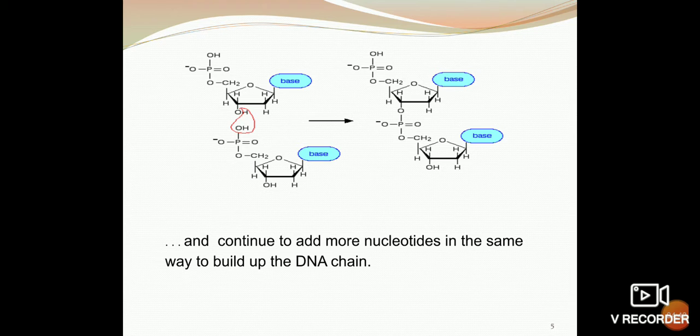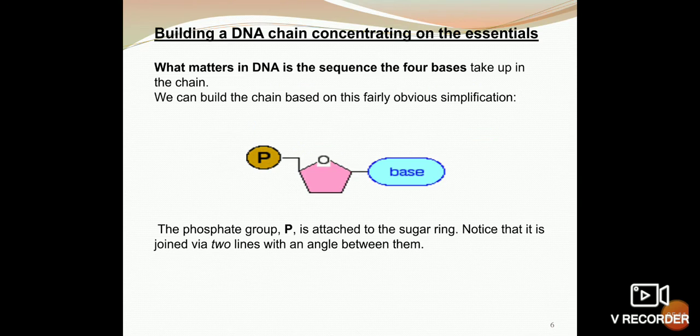The C5 carbon has phosphoric acid and the C3 position has the hydroxyl group. So this forms a new bond between the 2 nucleotide units, which keeps enlarging to form a DNA, and they continue to add more nucleotides in the same way to build up the DNA chain.